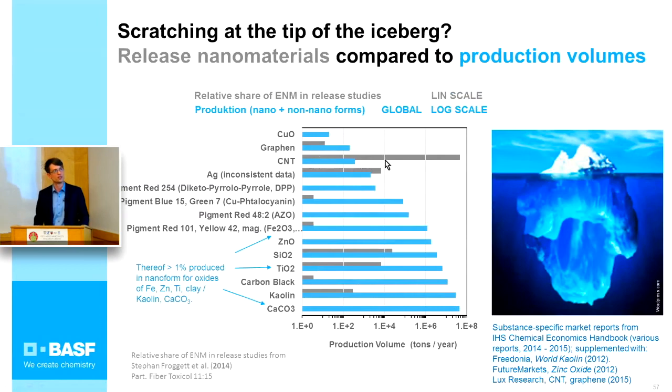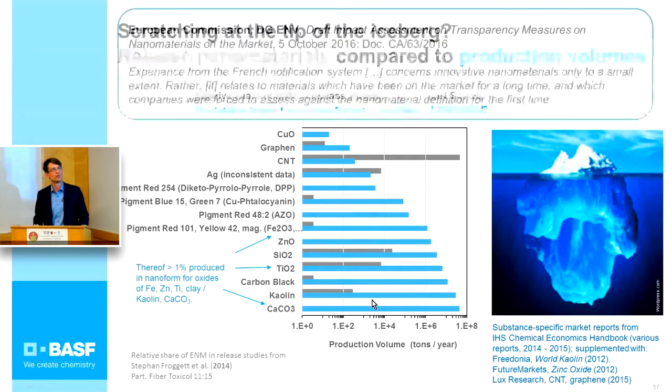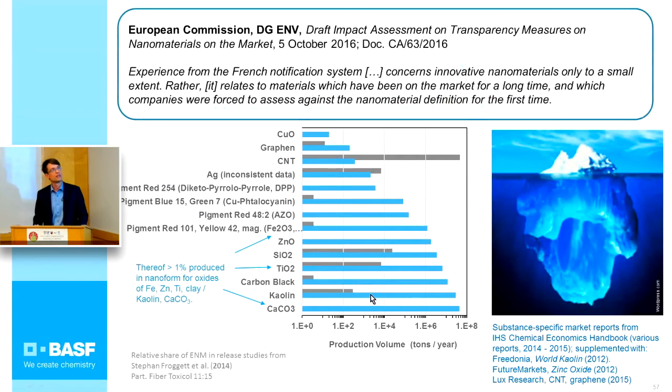And you see there's kind of a mismatch. We know a lot about CNT and silver, but we should know much more about these kinds of materials. And that matches the finding that we have from those reporting schemes that in Europe are now mandatory, and with the EPA are probably coming in the US too. And there's the Canadian scheme already.